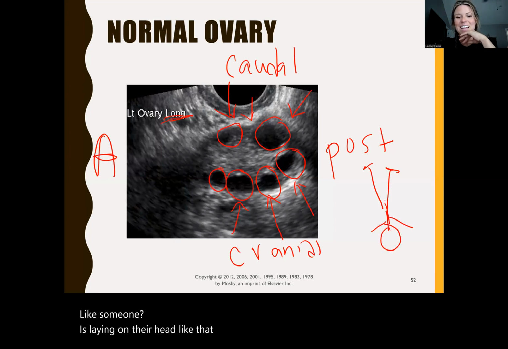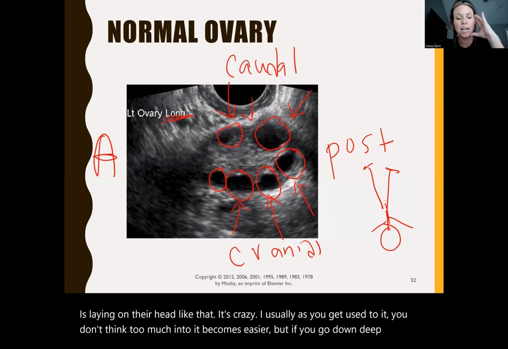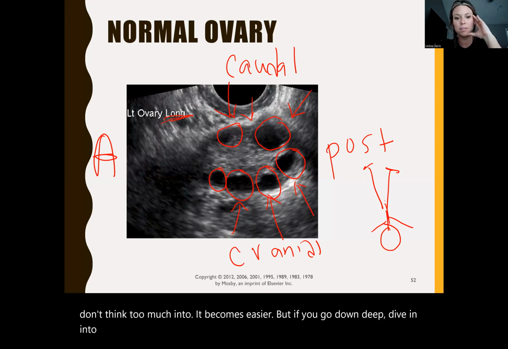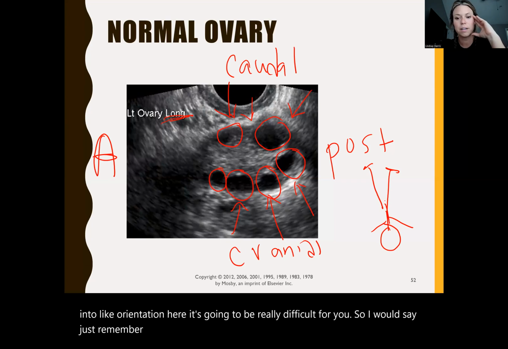It's crazy. As you get used to it and you don't think too much into it, it becomes easier. But if you go deep diving into orientation here, it's going to be really difficult for you. So I would say just remember anterior and posterior, caudal and cranial, and it'll get easier the more you scan.